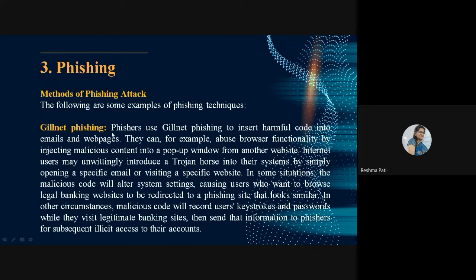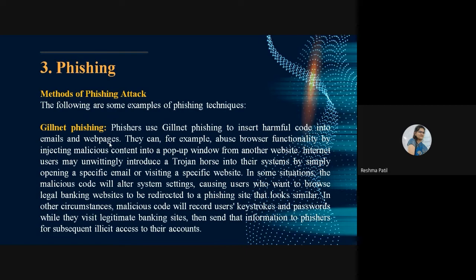Next, Gillnet phishing. In this phishing, they send an email which contains harmful code, as well as web pages that contain harmful code. Whenever you try to click on that particular link, a virus, a Trojan horse virus, is automatically installed on your system.